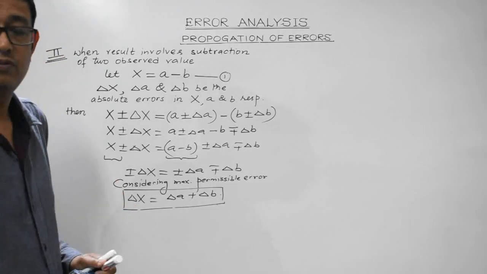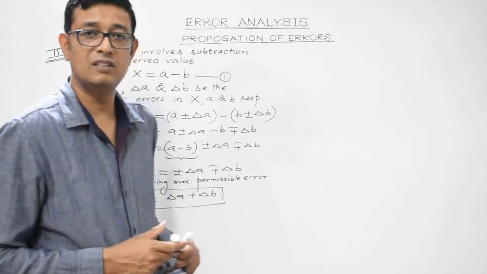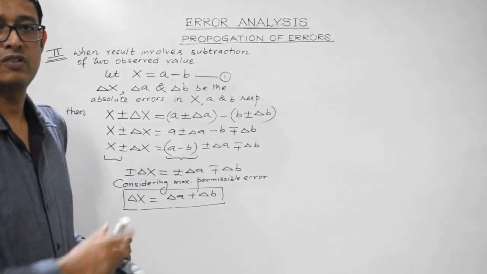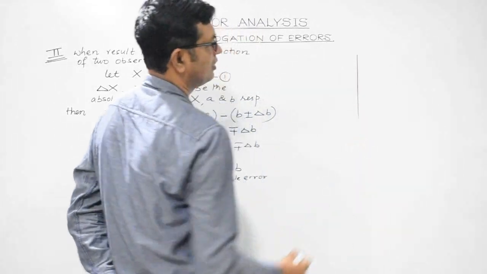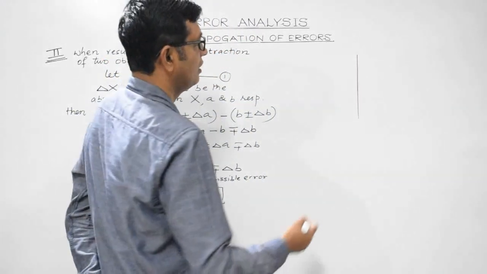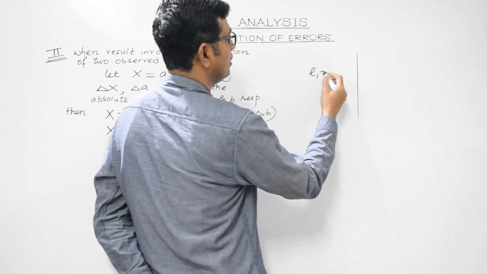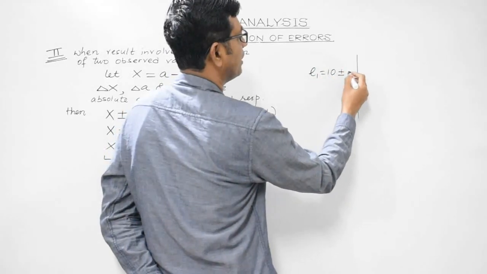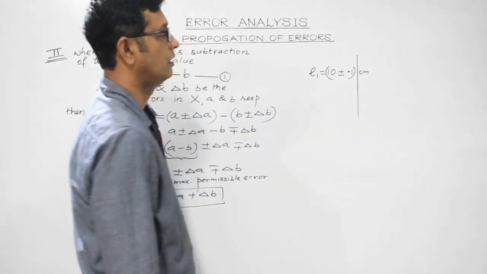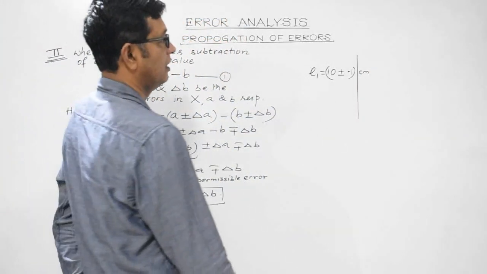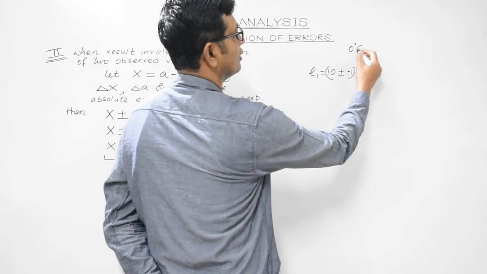So, before we proceed with the third article, let's deal with a question related to this. Suppose, again, this is a wire, a metallic wire. Its length is given to be 10 plus minus 0.1 centimeter, right? And it is supposed that temperature is 0 degrees Celsius.